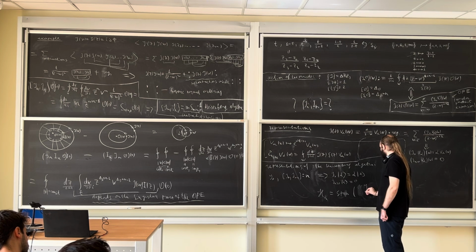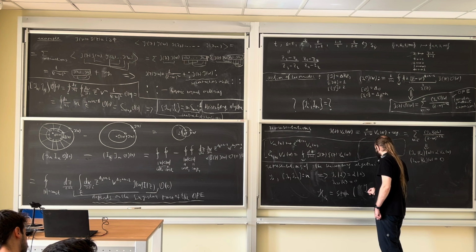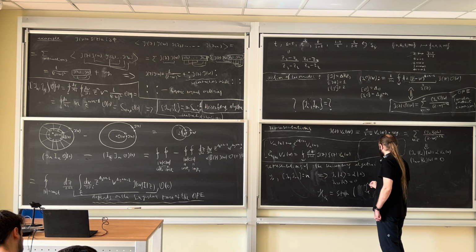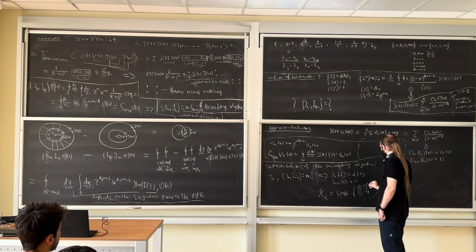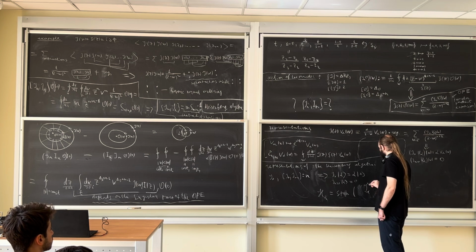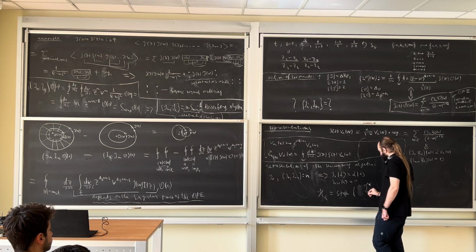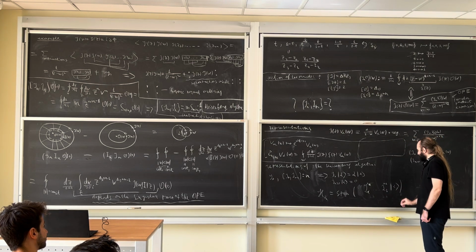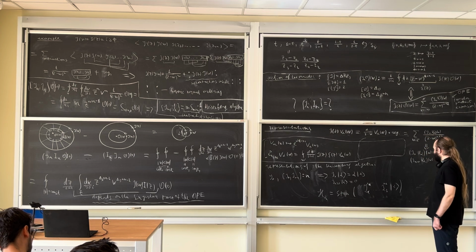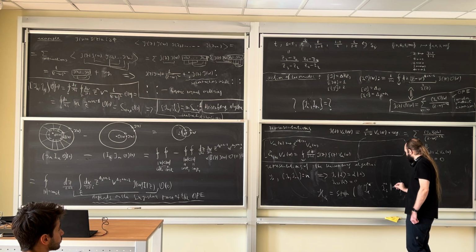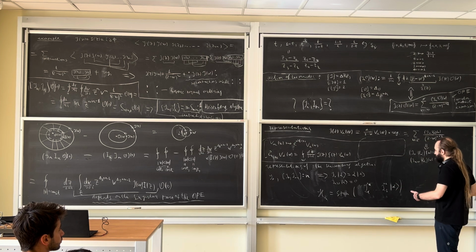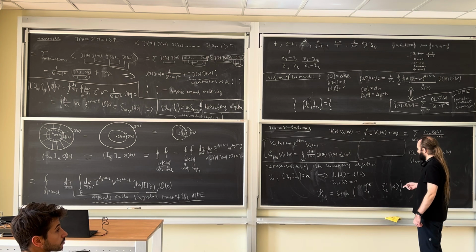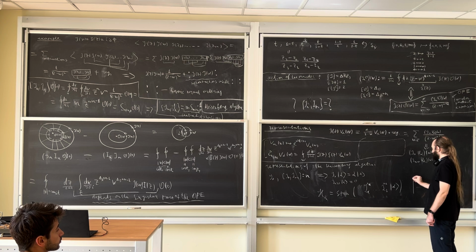J minus k to the nk. And these states can be labeled by Young diagrams.